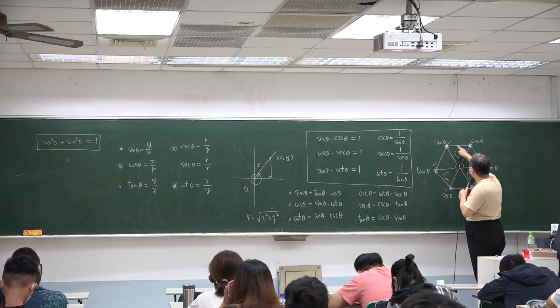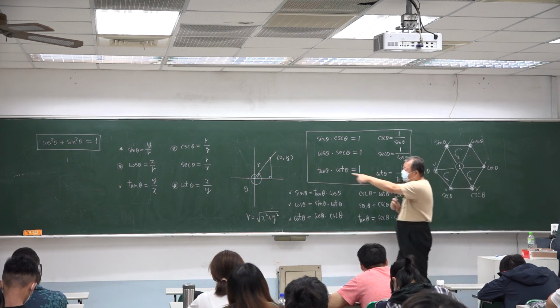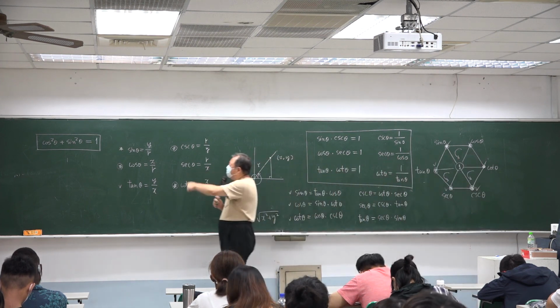So cosine squared plus sine squared equals 1 squared. This is exactly what we just reviewed.